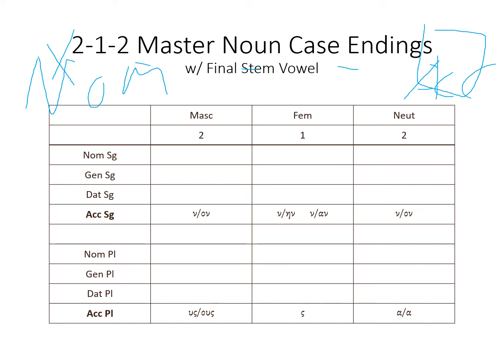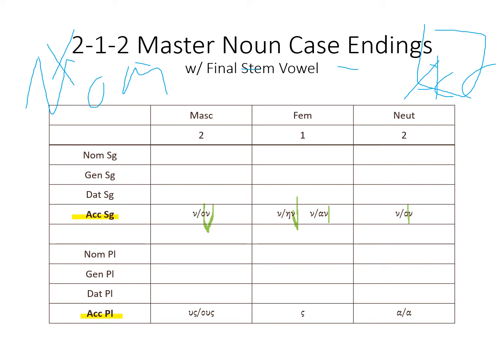So we're thinking here about the accusative, and we have the accusative singular and the accusative plural. Again, we are thinking about endings, and the nu is an ending, and nu here an ending.